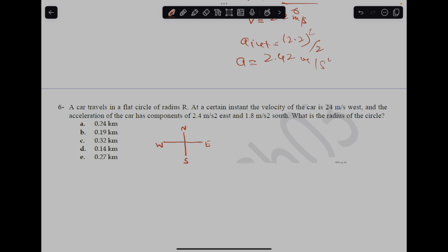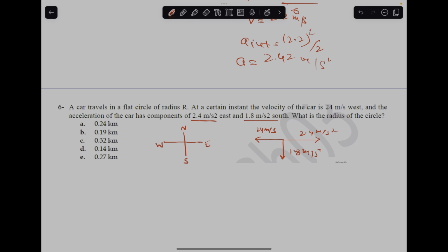Its velocity is along the west, like this, it's moving in this direction with 24 meter per second, and the acceleration of the car has components along east, which is 2.4 meter per second squared, and a component along south, which is 1.8 meter per second squared.